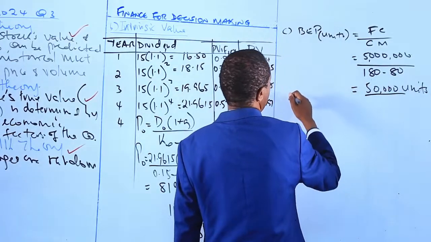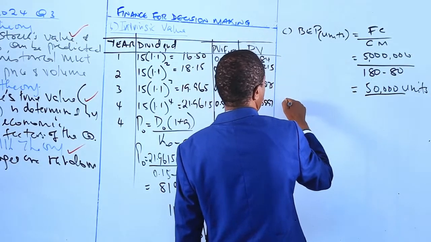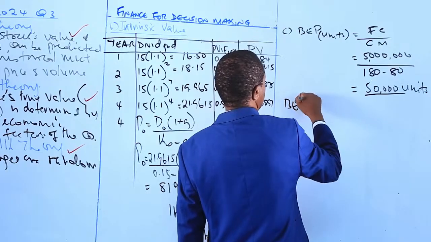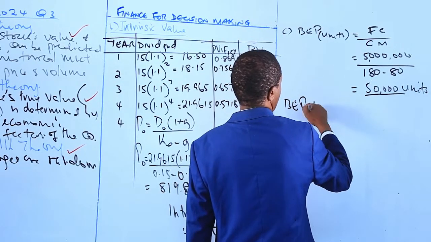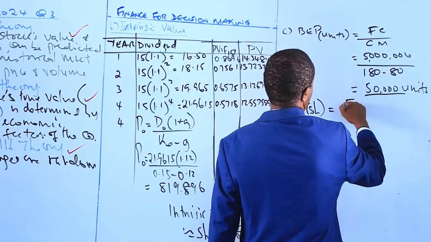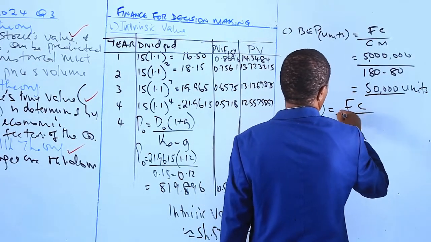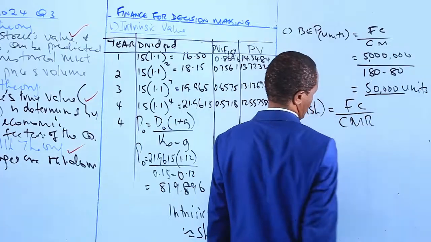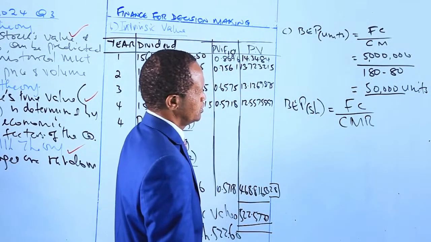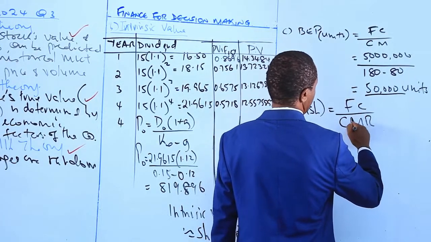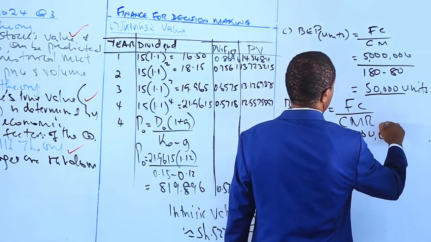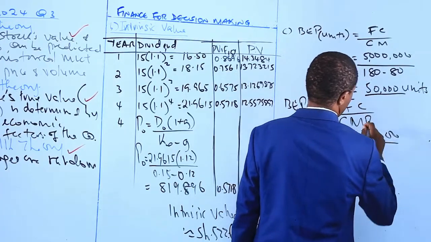Then to calculate the break-even point in shillings, that will be equal to the fixed cost over the contribution margin ratio. So we are going to have 5 million over the contribution margin ratio.